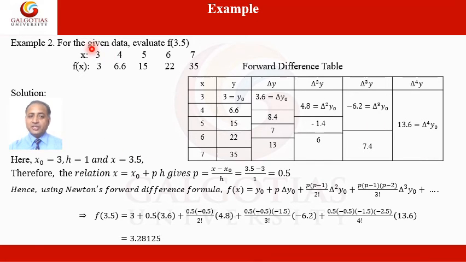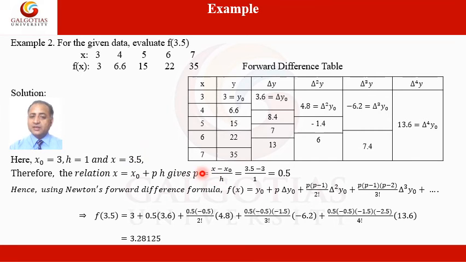Here the initial value of x, which is x naught, is equal to 3. The values are at the difference of 1, that is 3, 4, 5, 6 and 7. So differencing interval h is equal to 1, and at x equal to 3.5, y is to be evaluated. So the value of x is equal to 3.5.